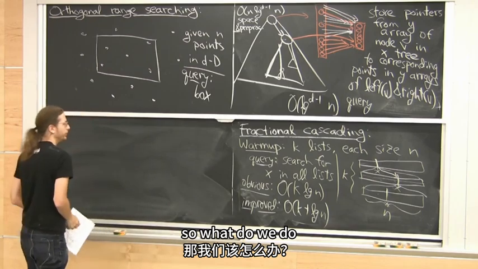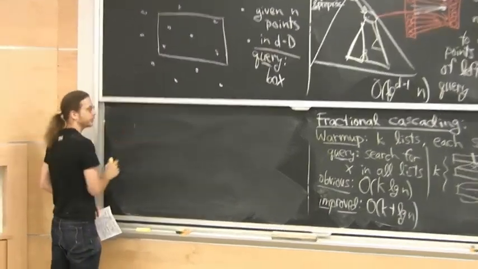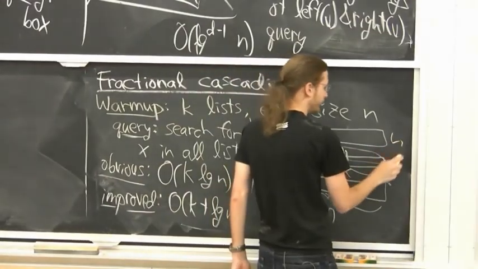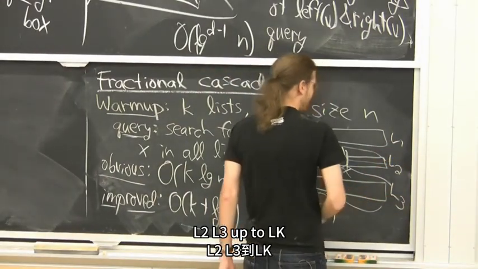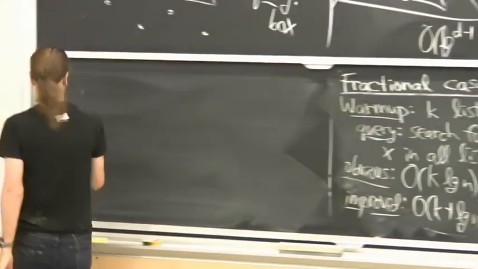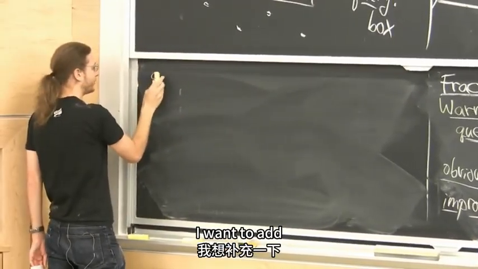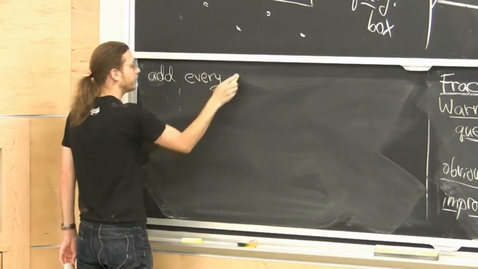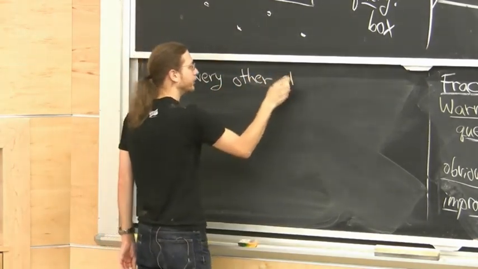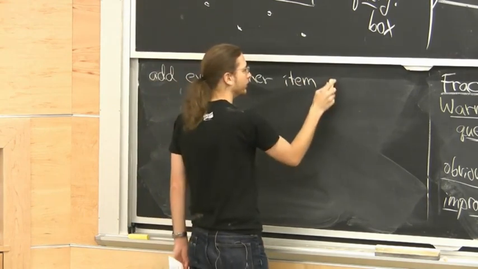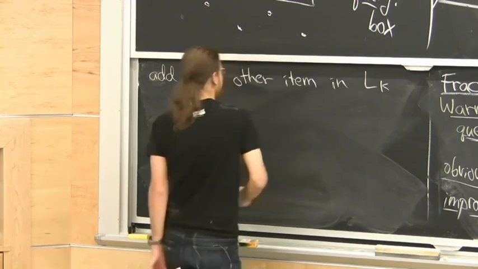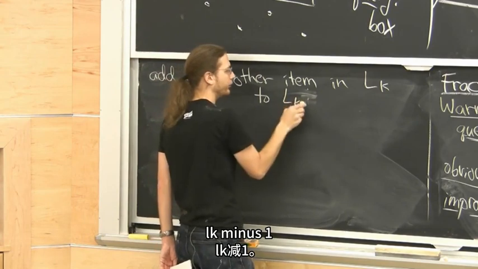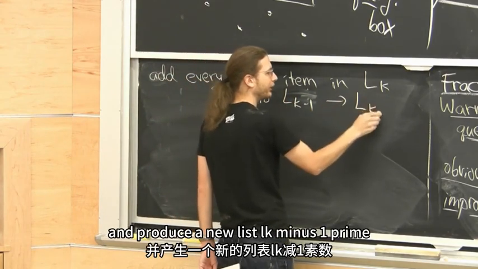So, what do we do? The idea is very simple. I'm going to call these lists L1, L2, L3 up to Lk. I want to add every other item in Lk to Lk minus 1 and produce a new list, Lk minus 1 prime.